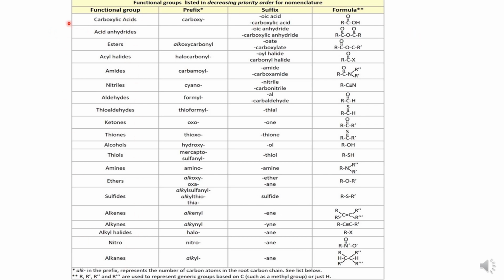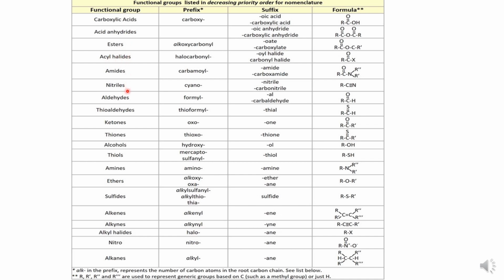If these functional groups are present in any structure, by seeing the priority table you can decide the major functional group, and the remaining functional groups present in that structure will be prefixes. Carboxylic acid has the highest priority, so the suffix used is oic acid, and this is the molecular formula for carboxylic acid.